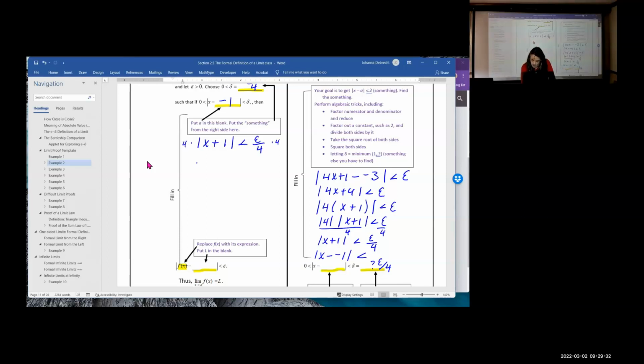And that gives me 4 times the absolute value of x plus 1 less than epsilon, which is the same as the absolute value of 4 times x plus 1 less than epsilon, which is the same as 4x plus 4 less than epsilon. I'm just repeating the steps that I took over here on the right side in reverse. And then I'm going to split my 4 into +1 minus a -3.